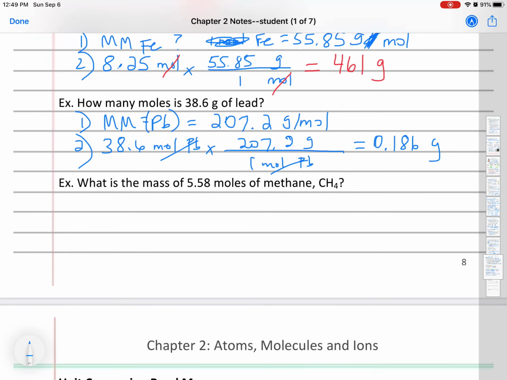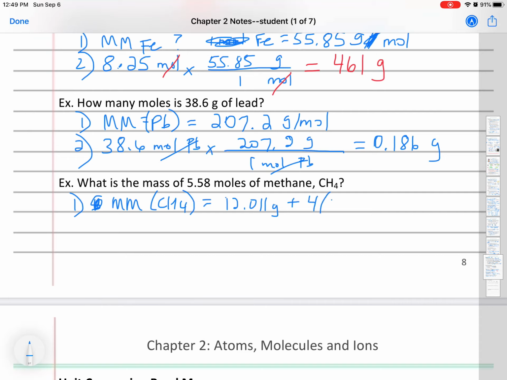Now we have one that asks a slightly different question. It says, what is the mass of 5.58 moles of methane? The first thing we need to know is the molar mass of methane. It's a compound, so there's 1 carbon. Carbon is 12.011 grams.